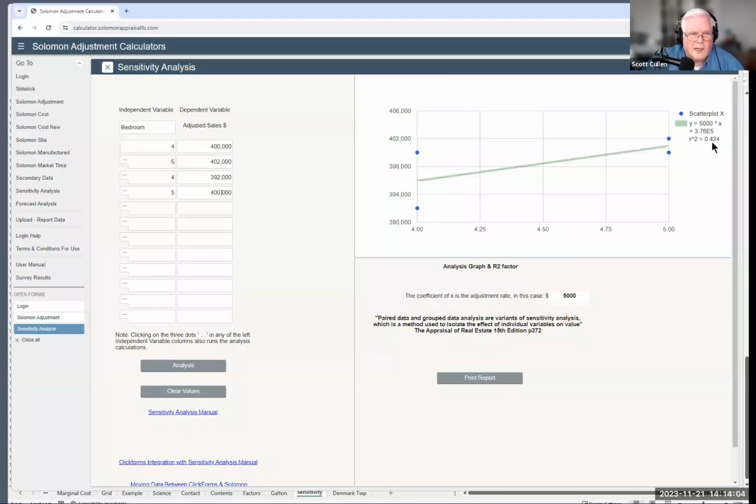And that was one of the biggest eye openers when I started with Solomon, because I was trained bedroom, bathroom, GLA, and that's what I had seen in all the real estate ads in my market. Now, that doesn't necessarily mean that a 5-bedroom is worth more than a 4-bedroom. It might just be a different buyer.